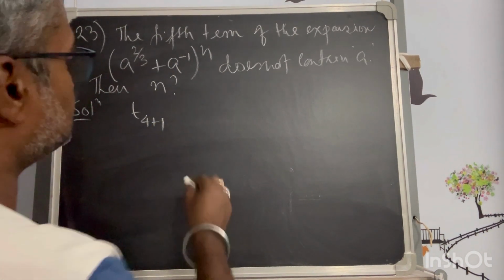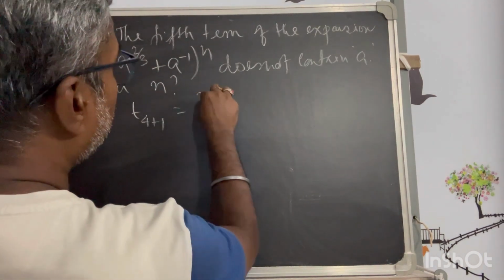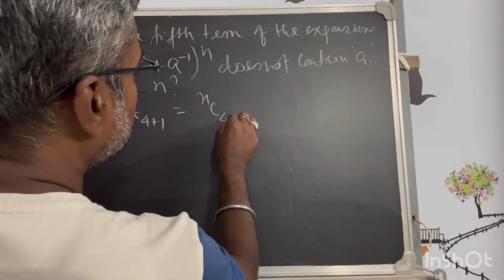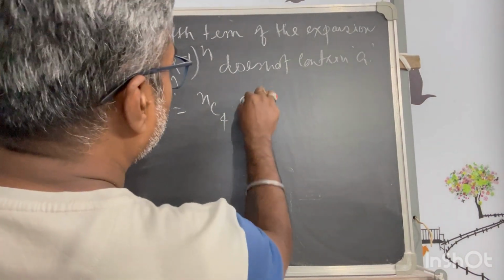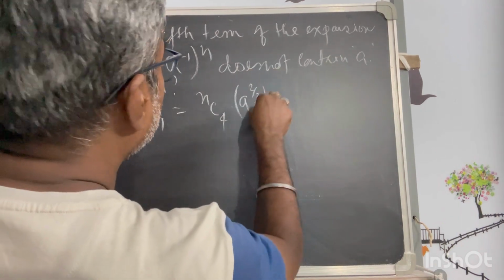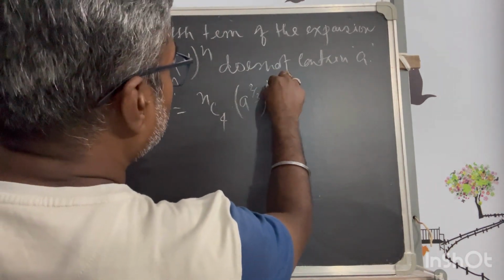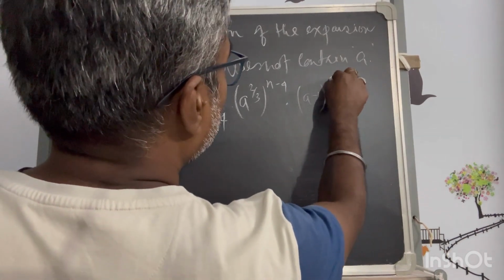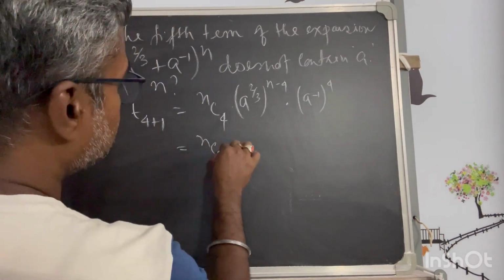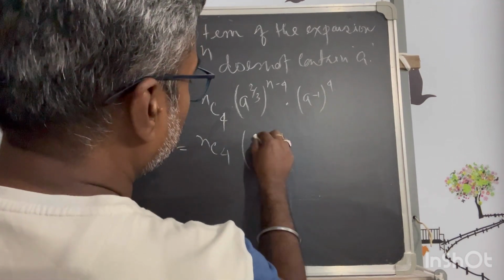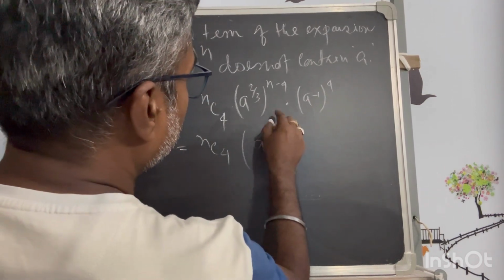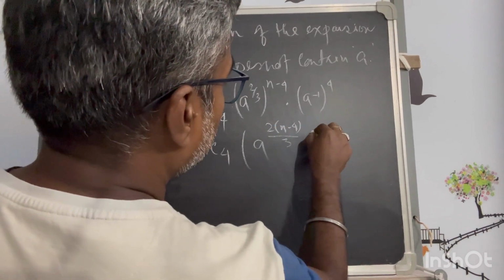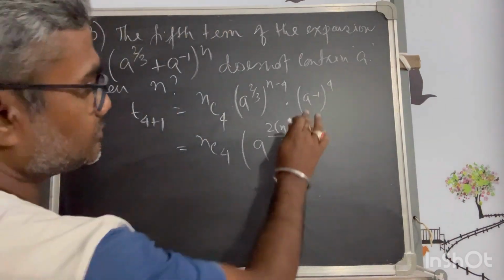Fifth means 4 plus 1, so you know what r is. nCr will be the binomial coefficient, so nC4 into (a^(2/3))^(n-4) into (a^(-1))^4. Now if I club up all the powers of a, this is 2 into (n minus 4) by 3 minus 4.